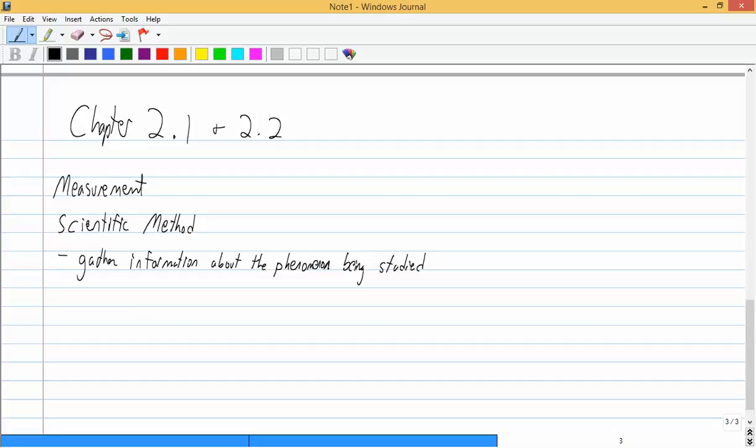On the basis of the data, we formulate a preliminary generalization or hypothesis.